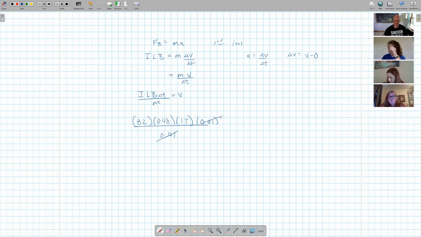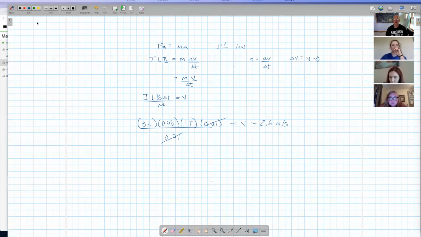This 0.01 cancels that 0.01, and 1 is just 1, so that's 32 times 0.08. What's 32 times 0.08? 2.6. I got 2.56. 2.6 meters per second.